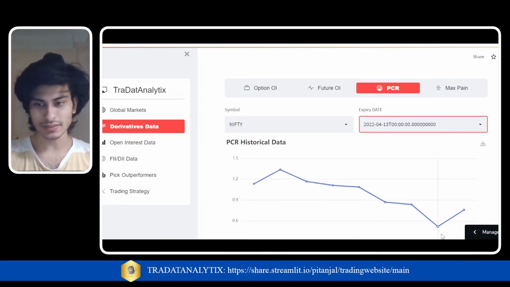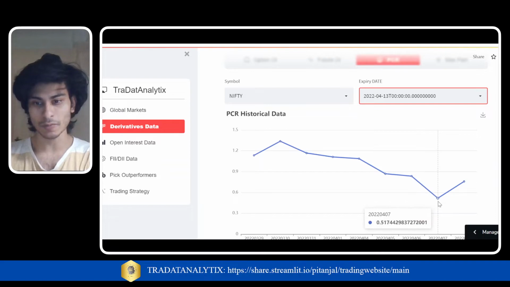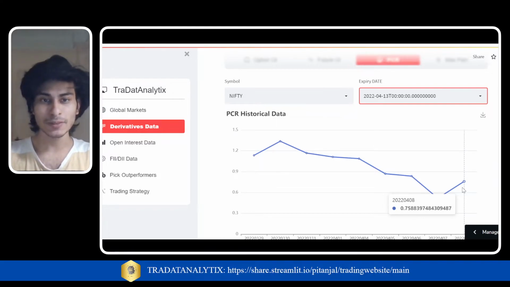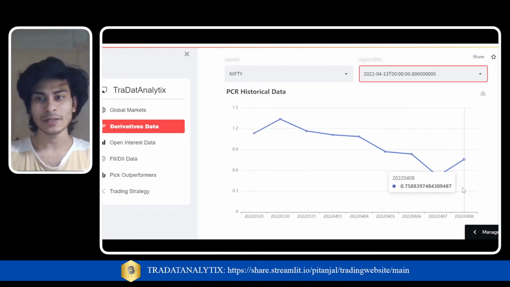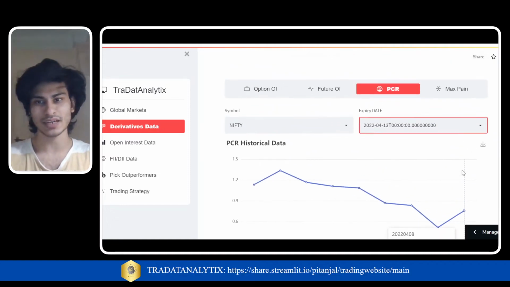If you see, the last day the PCR increased from 0.51 to 0.75. Since the put call ratio increased, it means puts are being written more than calls comparatively. So we could say that the market is in bullish territory.